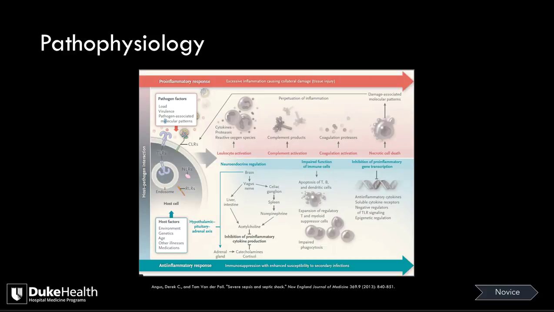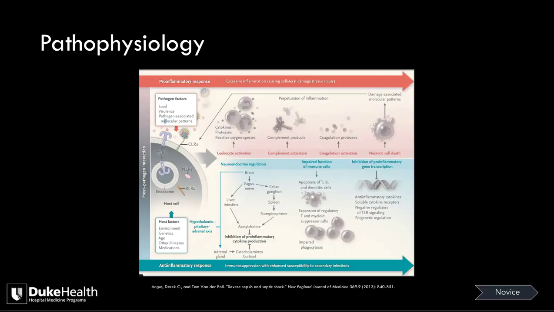Things like cytokines and other inflammatory markers help to activate things like our complement products, our coagulation cascade, our neutrophils and other T cells, as well as host factors, our environmental factors, our genetics, our age, our other illnesses that then mitigate and try to downregulate the anti-inflammatory response.